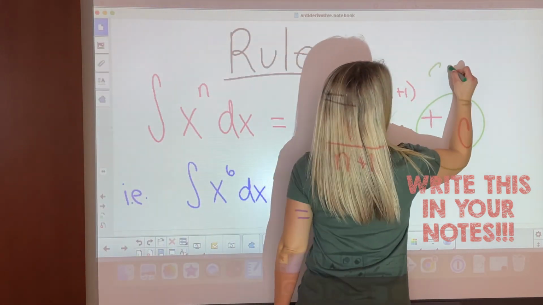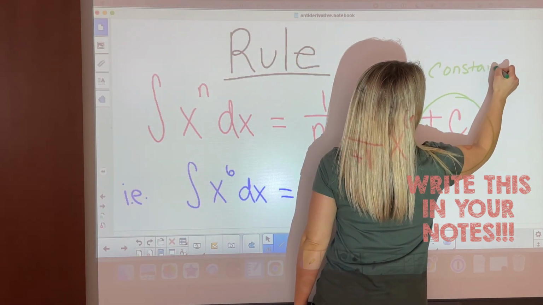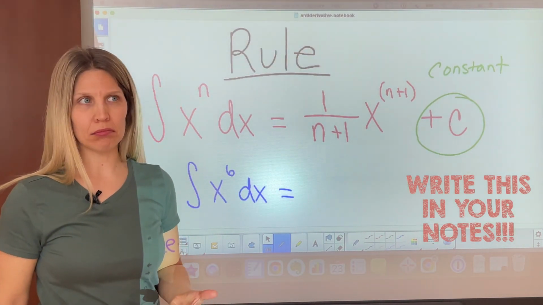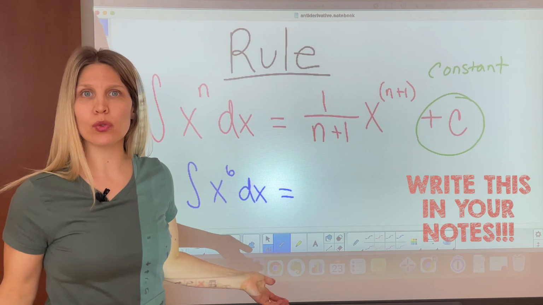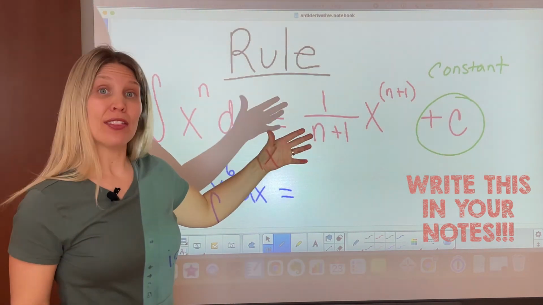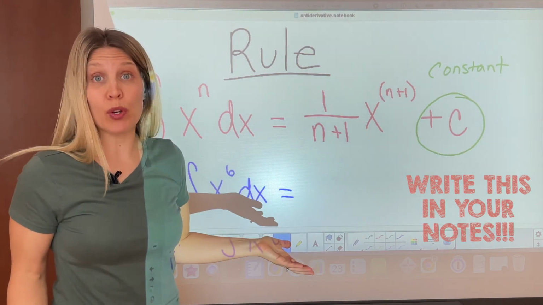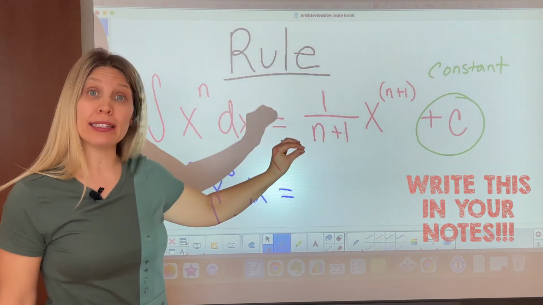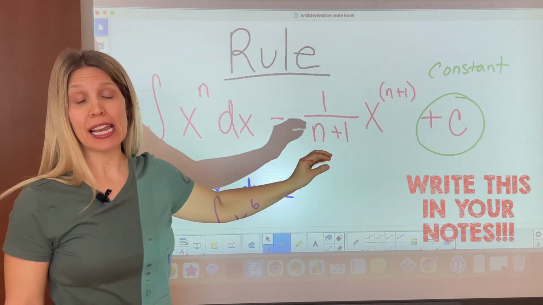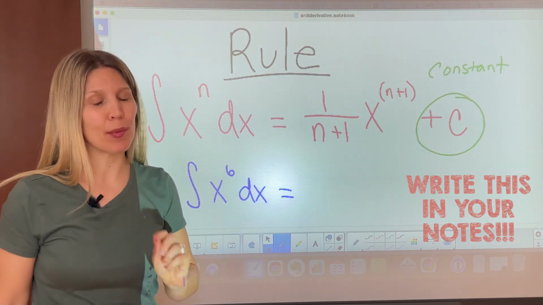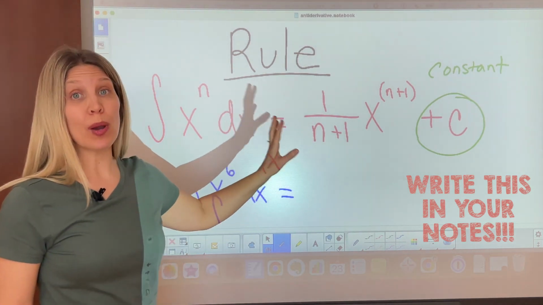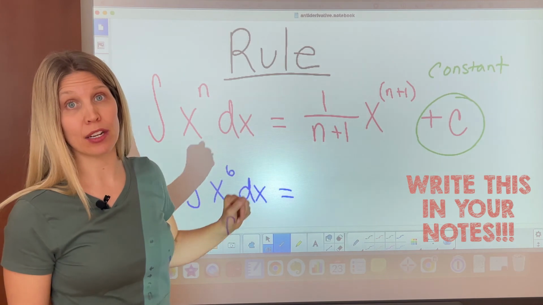This c stands for a constant. Because what happens when you take the derivative of a constant? It's 0. It goes away. However, you have to remember that there could have been a constant in that original problem. So you have to acknowledge, and you just write plus c, that there could have been some constant in that problem. Because of course, coming up, you will have problems where you're solving for that constant. So you have to make sure you have a plus c at the end of your answer.